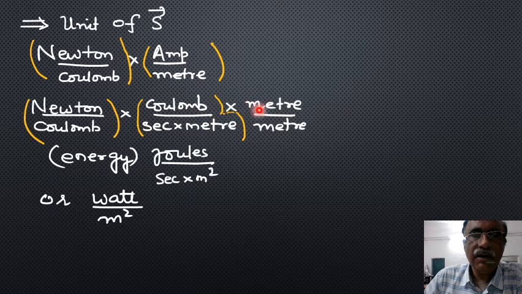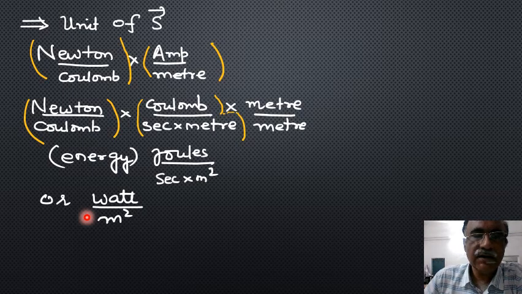Multiply it on both numerator and denominator by meter. So we get Coulomb gets cancelled out and Newton into meter becomes joule, and second into meter square. Now joule per second is the unit of power, or the watt. So the unit of the Poynting's vector is watt upon meter square.